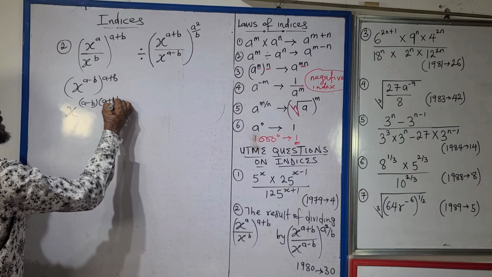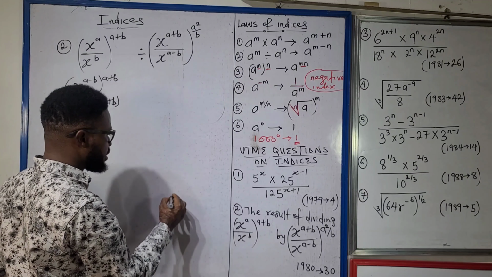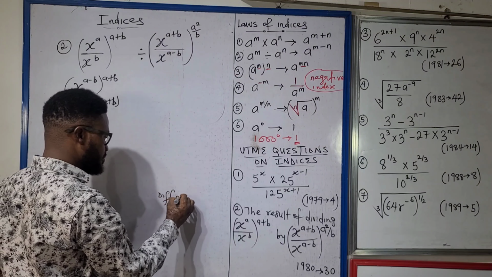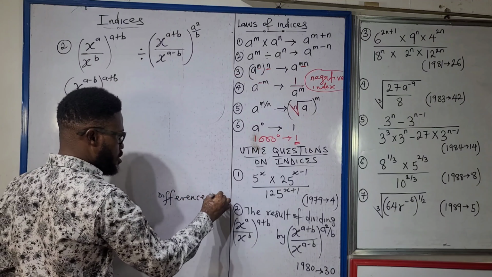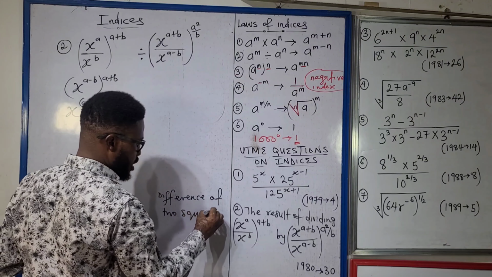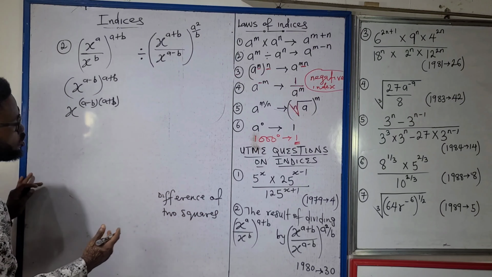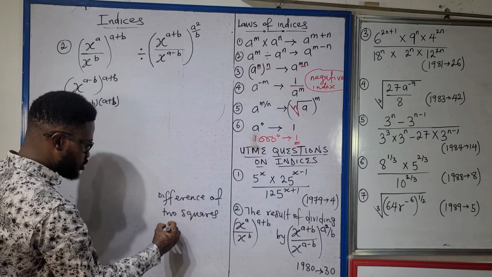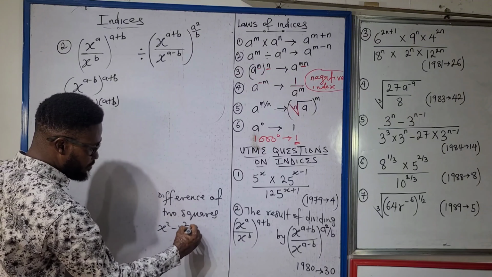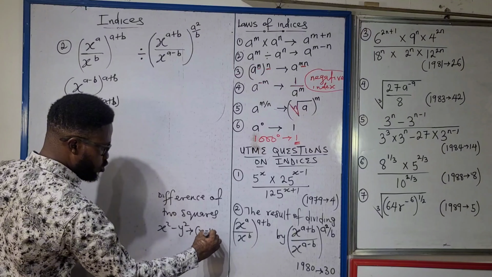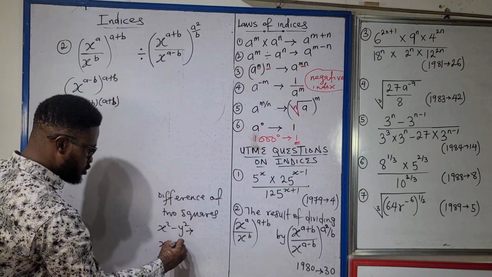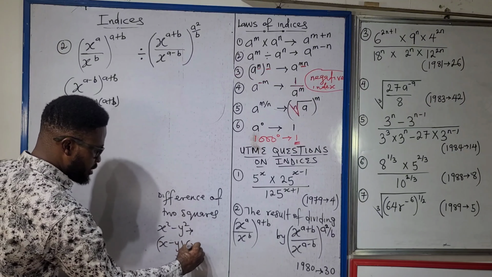If you're very conversant with algebra, you should recall what we call difference of two squares. Difference of two squares goes that if I have x squared minus y squared, for example, it should mean x minus y, x plus y.